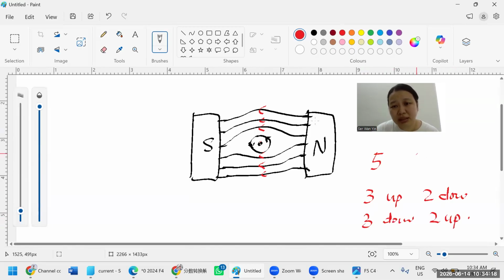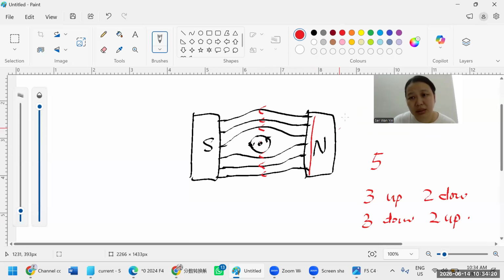If you have 6, an even number, it may be 3 on top, 3 at the bottom. Of course you can use Fleming's left hand rule to show it, but you didn't show the difference of the magnetic lines up and down.